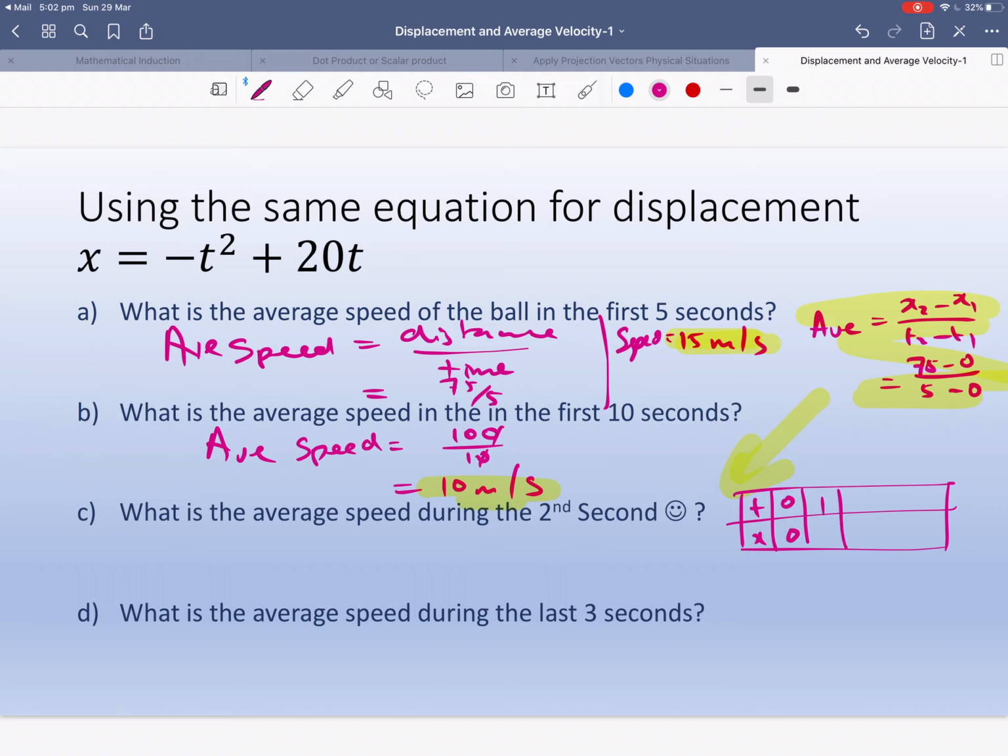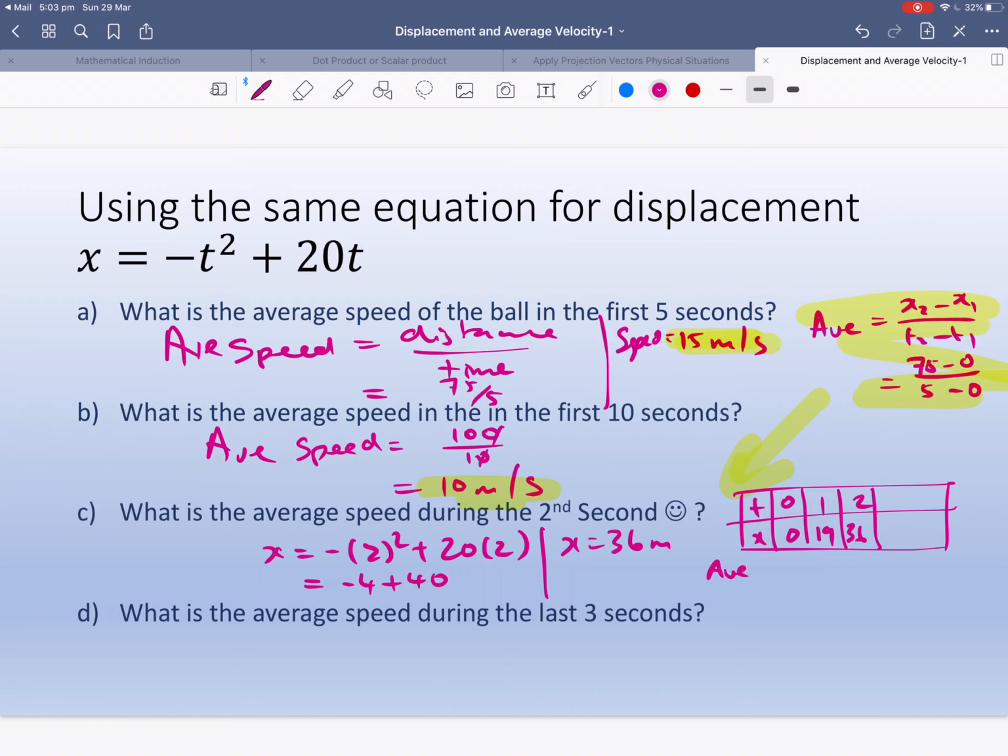At 1 second, we figured out that it was 19 meters away. At 2 seconds, how far away is it? Let's substitute 2 into our formula. So equals minus 4 plus 40. So x will be 36 meters away. Okay. So 36.